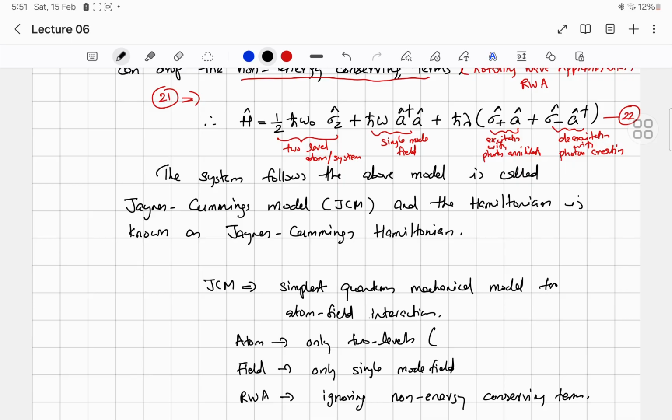Similarly, the JCM is the most simplified, compact and easy model to study completely. You can get an analytical solution of this. Moreover, it is possible to achieve this kind of system in laboratories, because with current technology we can achieve all these conditions.